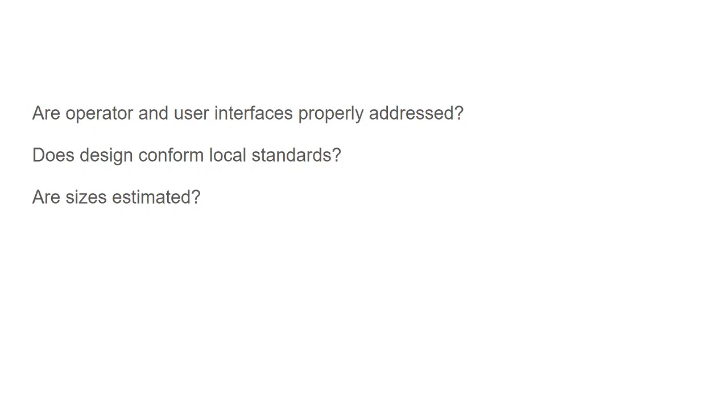Next is, are the operator and user interfaces properly addressed? That is, who is actually operating, what is the username to be given, what are the rights to be given. All these things have to be properly addressed, and this has to be checked. Then, does the design module conform to local standards? You do the design, but is it understood by the locals?